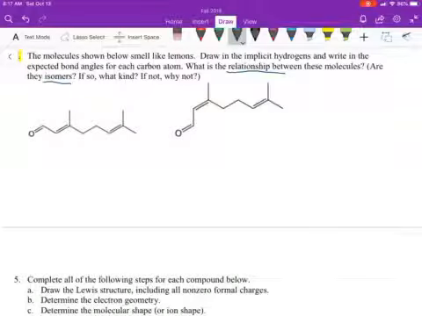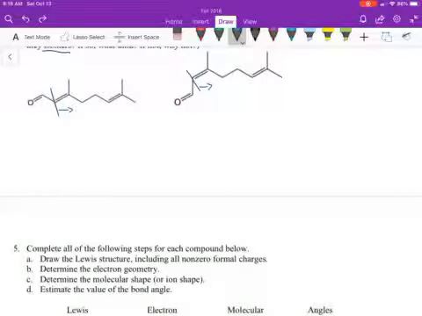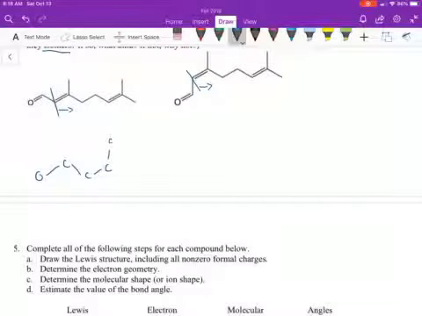But between these 2 molecules, the difference lies right here, right? Everything this way is the same. It just looks like this rotated down, or that this could rotate up. Now I just want to clarify because I totally jacked this up in recitation, but we have oxygen, carbon, carbon, carbon, carbon.